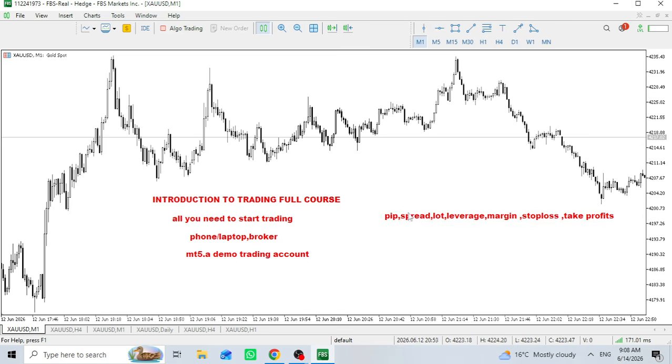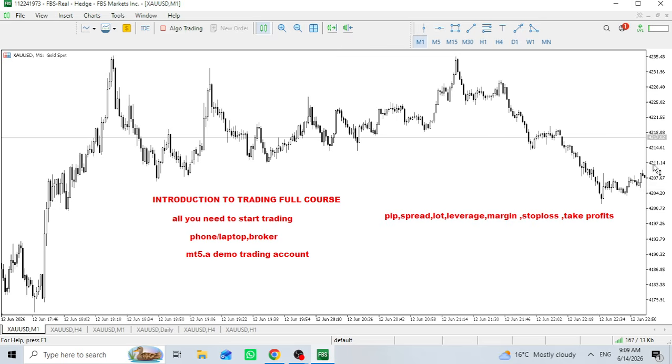Now, can you see that a pip is the smallest price movement in a currency, the smallest one? Now, it's like 4111.14. If I take 4111.13, gold will have moved by 1 pip.